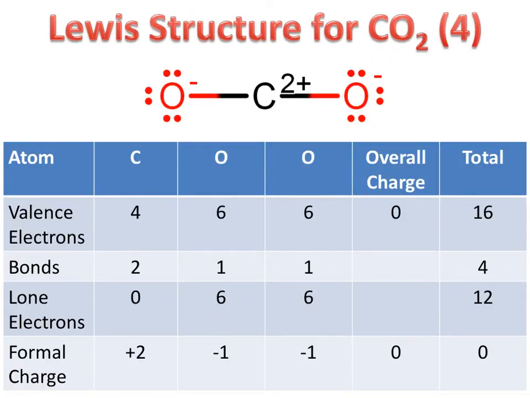So here's step 4 for carbon dioxide. We have on the carbon 4 valence electrons. 2 are in bonds. It has no lone electrons. So 4 minus 2 minus 0 is plus 2. So the carbon has a plus 2 formal charge on it.